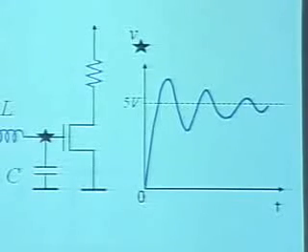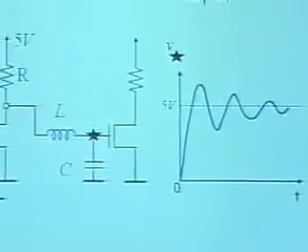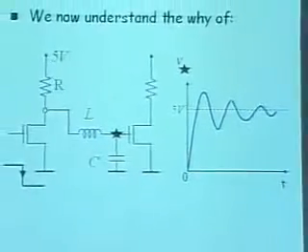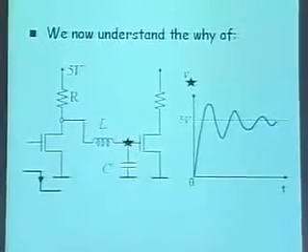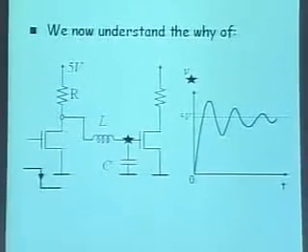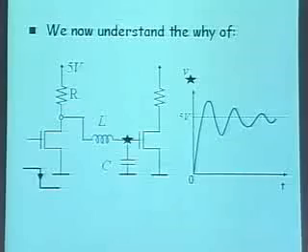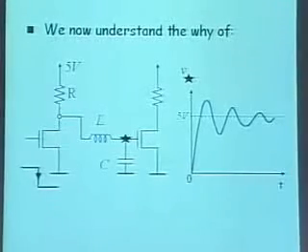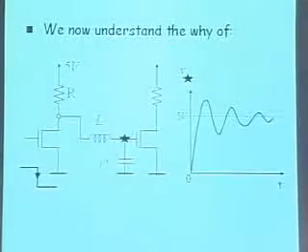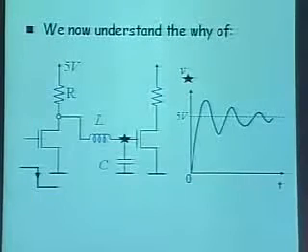I also gave you some insight as to why it oscillates like this. And you also heard in recitation that the reason for this oscillation was because of these two storage elements. Each of these storage elements tries to hold on to its state variable. So for example, the capacitor tries to maintain its voltage, while the inductor tries to maintain its current.